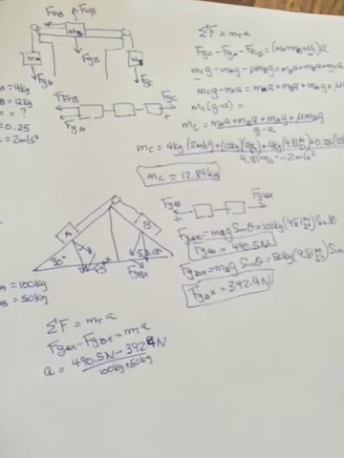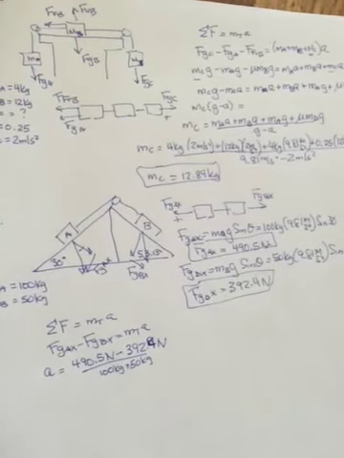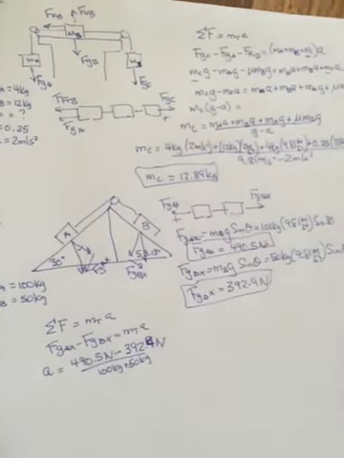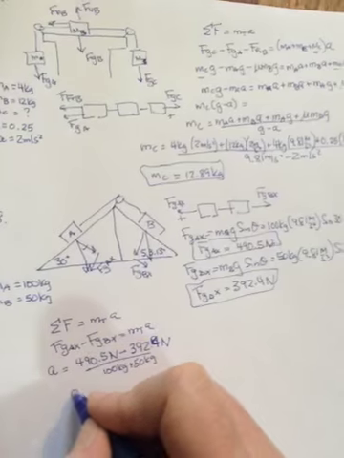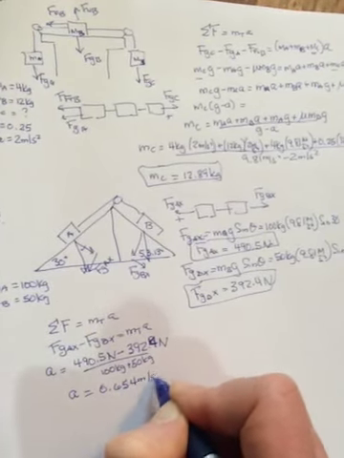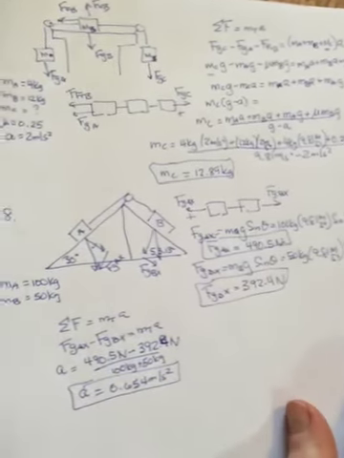Oh, it's a 4, sorry, can't make out my own writing. 490.5 minus 392.4 divided by 150, and I get 0.654, even though the sheet says 0.55. Could have screwed up somewhere.